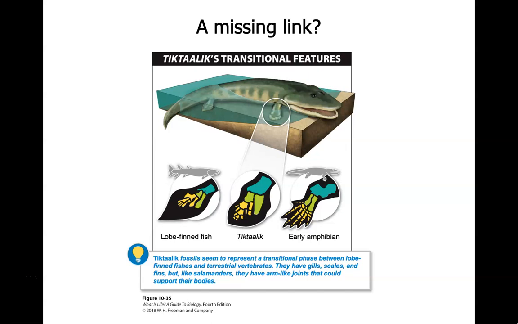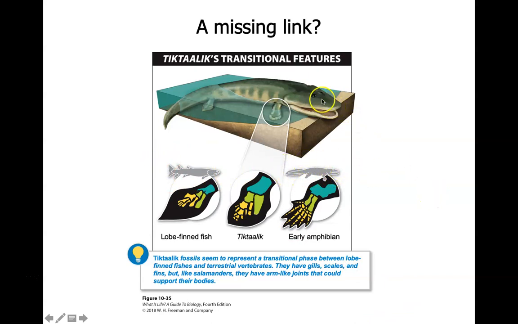One that we have found is this organism called the Tiktaalik. This Tiktaalik is believed to be a transitional form found in the fossil record that is a transition between aquatic fish and an animal that could walk on land.